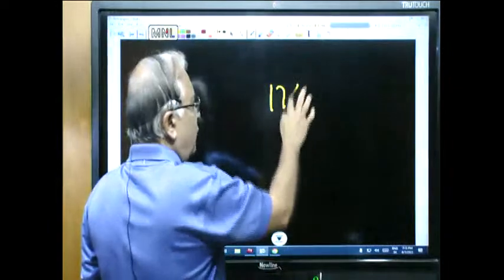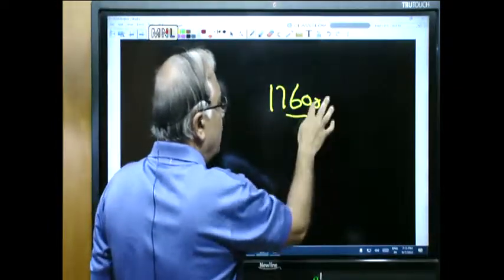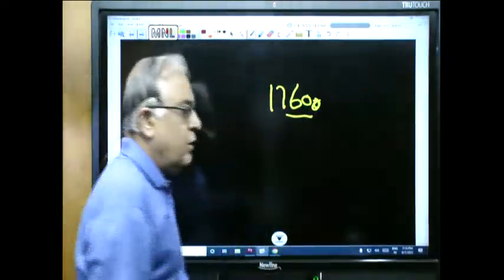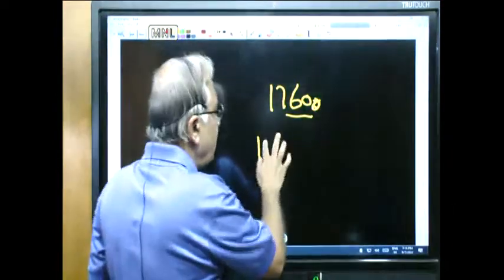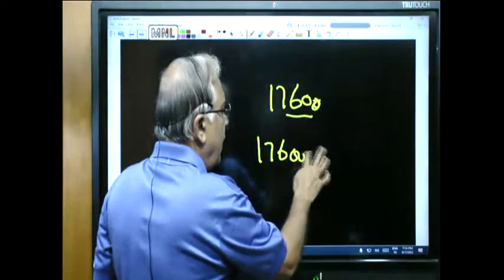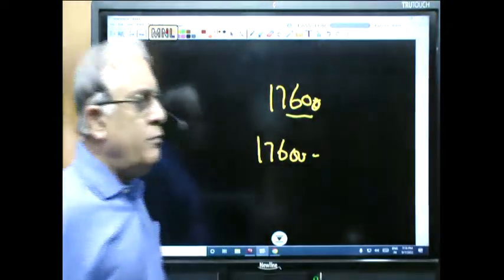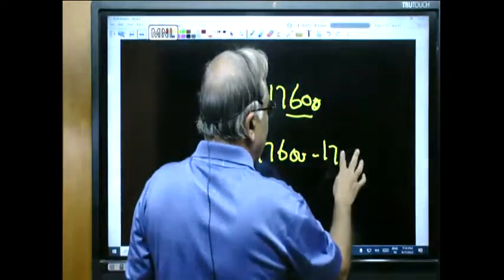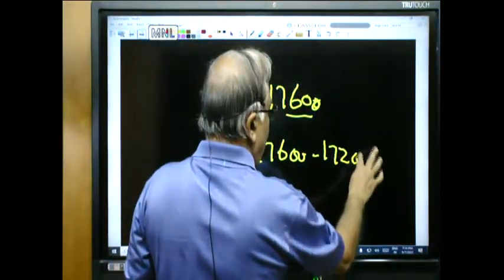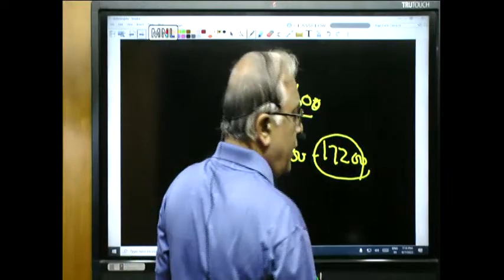Now we are at, say, 17,600 approximately. My opinion is that it should not go much below 17,200. If it starts going below that, then there is no point in holding the structure.